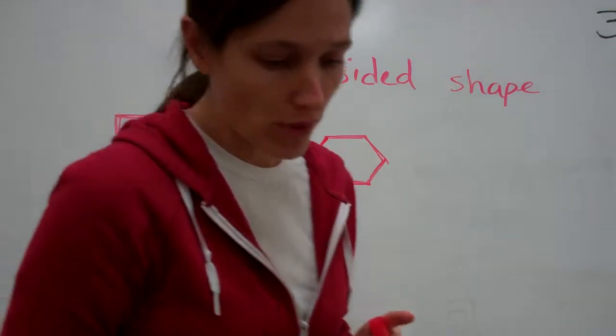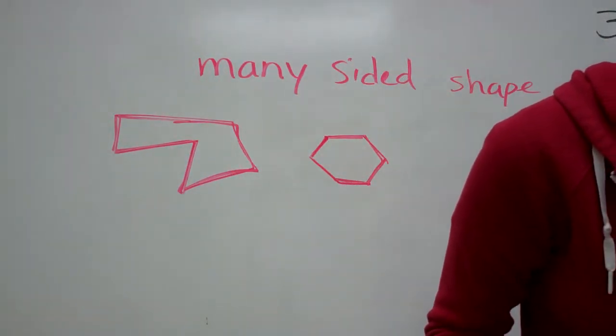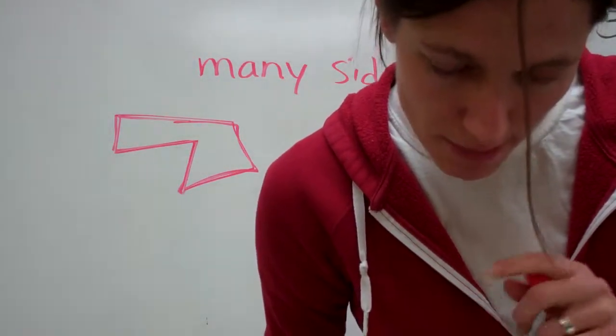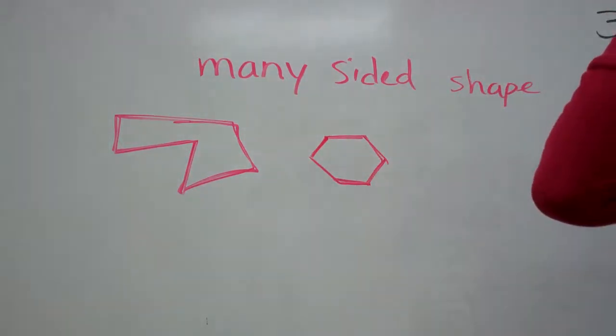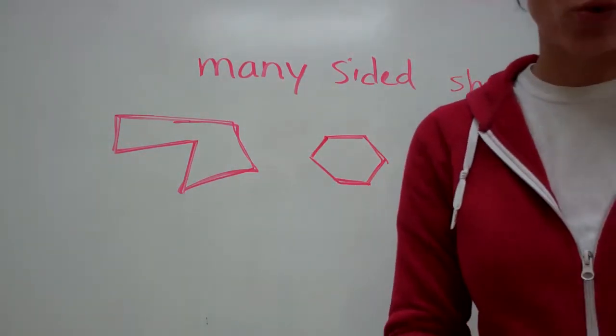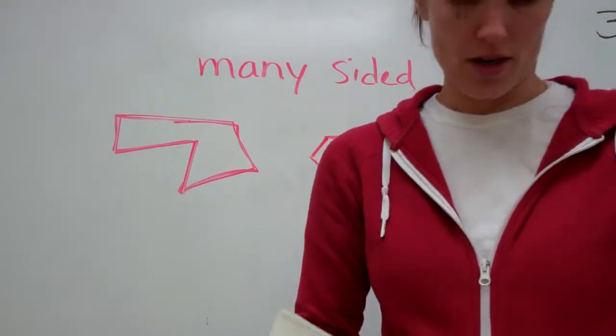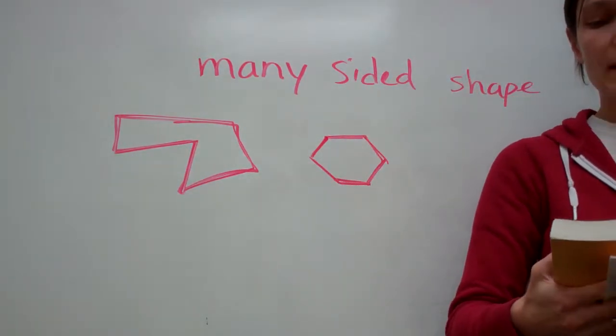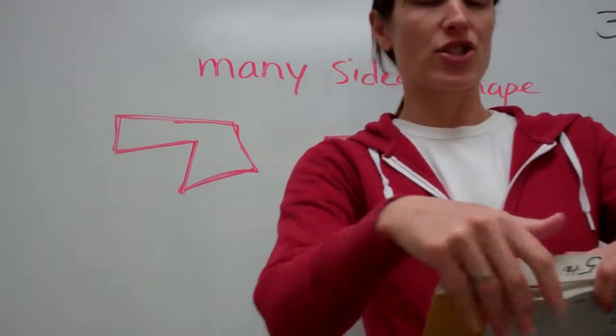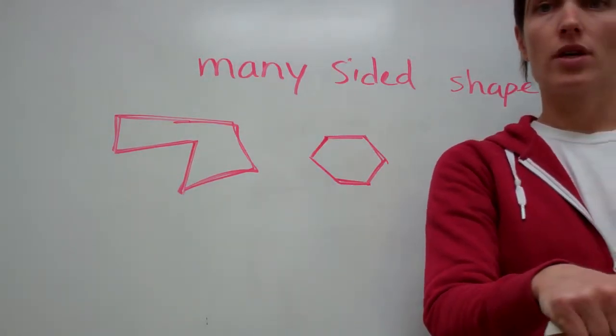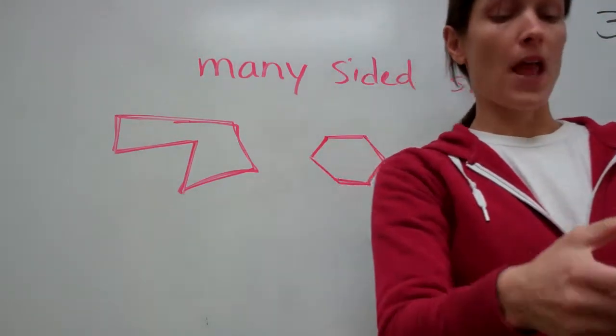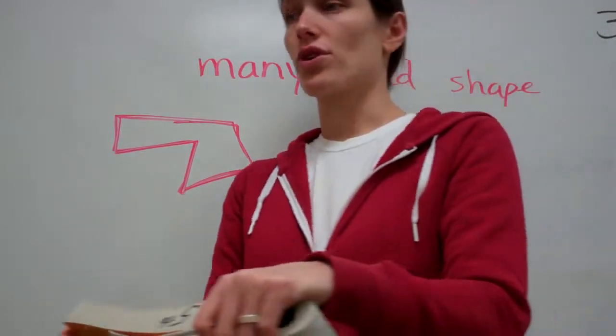I want every single one of y'all to look at page 157. We're just going to quickly go over these. What is a polygon that has 3 sides called? Triangle. What is a polygon with 4 sides called?